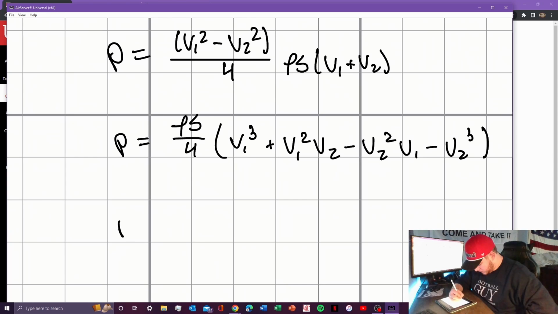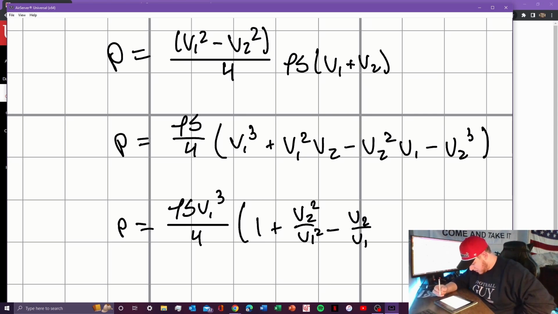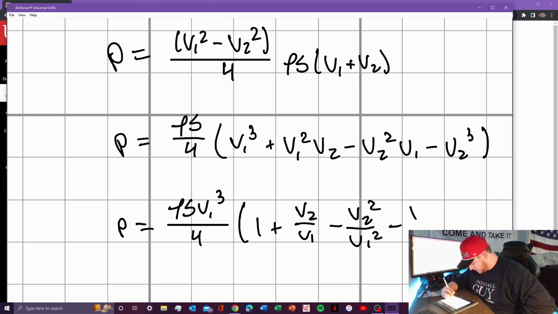So what we're going to do is pull out our V1 cubed here and put these in terms of ratios. So this is going to be 1 plus V2 over V1 minus V2 squared over V1 squared minus V2 cubed over V1 cubed.